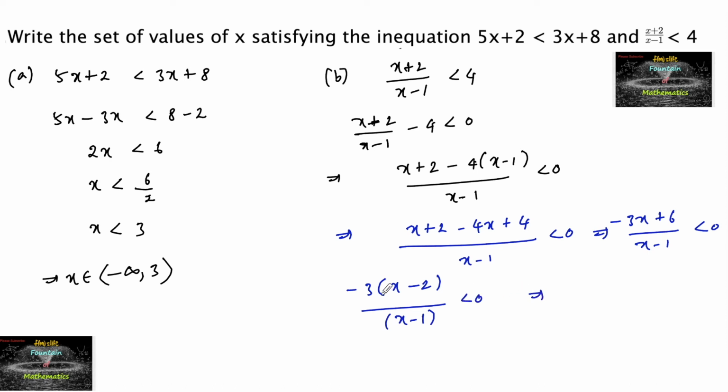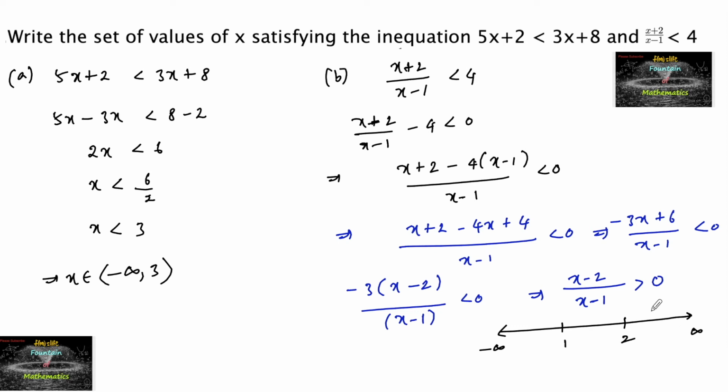Now if I want to divide with a negative quantity here, minus 3, the inequality will change. x minus 2 upon x minus 1 is greater than 0. So by using our wavy curve method, let's draw the number line. So minus infinity to plus infinity, and here the points are given x minus 2 and x minus 1. Both are linear factors with odd powers.